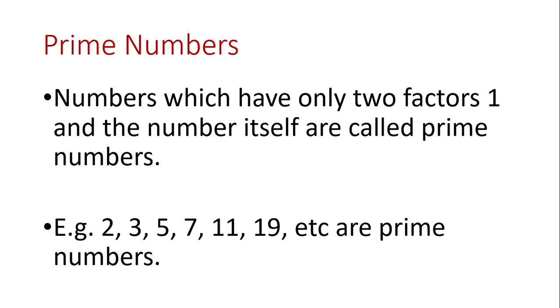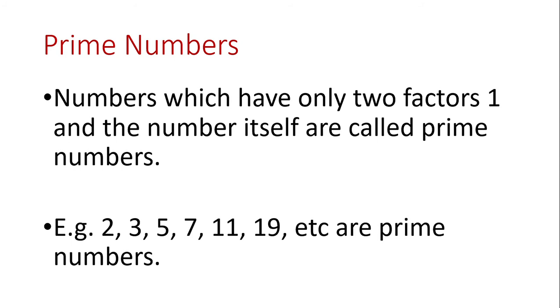Next is prime numbers. Numbers which have only two factors, 1 and the number itself, are called prime numbers. So 9 is not a prime number, but you'll know what 9 is afterwards. Now 3. 3 is a prime number.